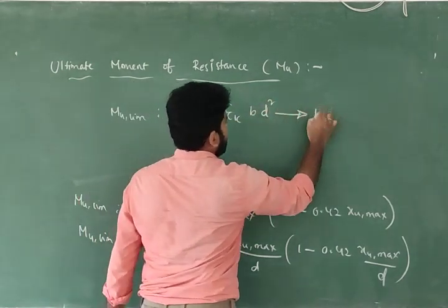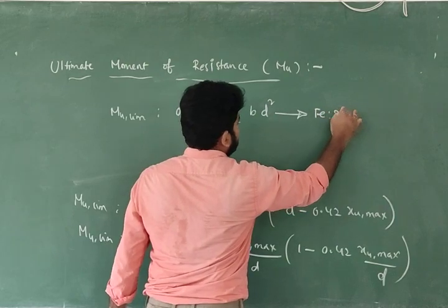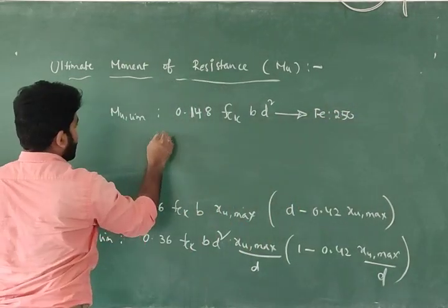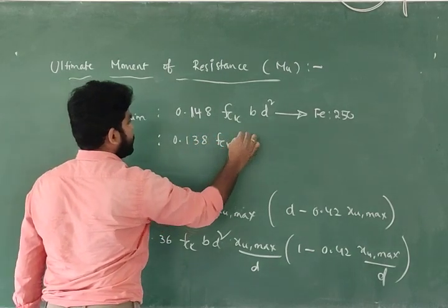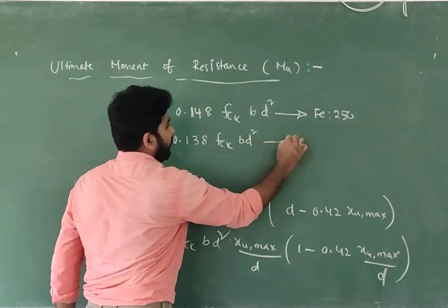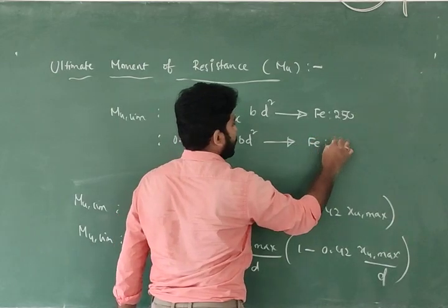This is for Fe 250 grade, and 0.138 fck b d square for Fe 415.